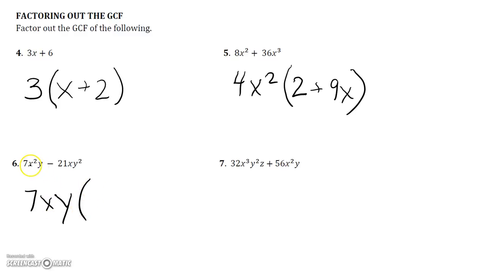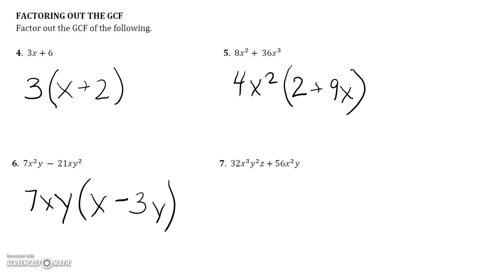Taking x out of x squared, we're just left with x. And taking y out of y, no y's left. Taking 7 out of 21 by dividing, we're left with 3. Taking x out of x, no x's left. And taking y out of y squared, we are left with just a y. And that is our answer.